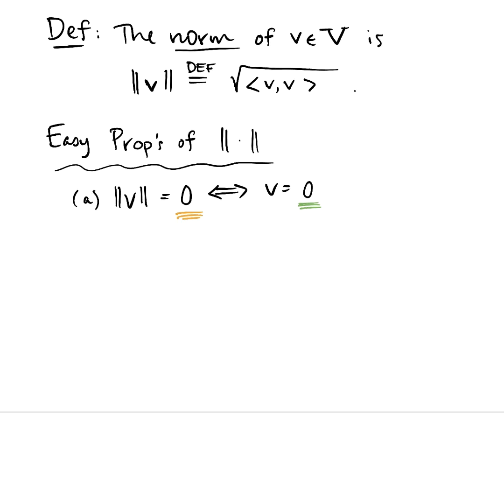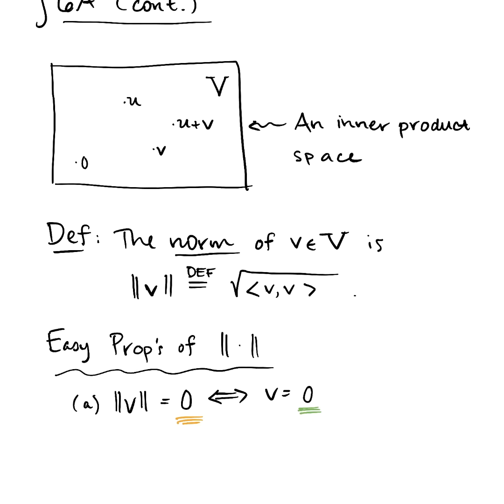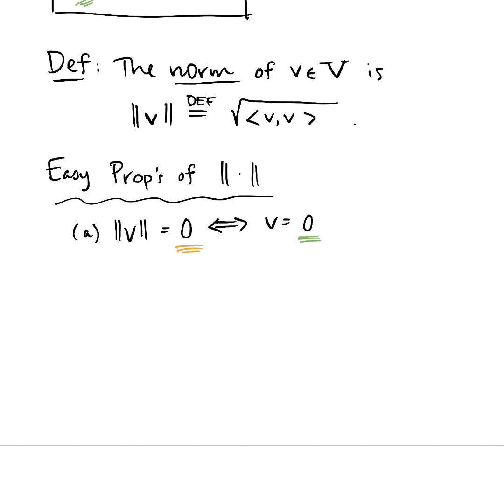That's the vector back in our vector space right here, serving as the additive identity. And so what that first easy property says is the magnitude of a vector is 0 if and only if that vector is the 0 vector. And that actually follows immediately from the definition of inner product. Remember the 5 things that go into the definition of inner product? The second thing was definiteness, and the only way the inner product of a vector with itself comes out 0 is if that vector is 0. So that follows immediately just from the definition.